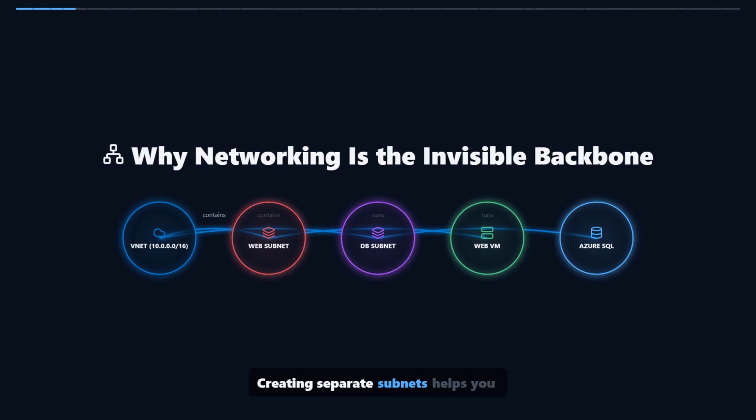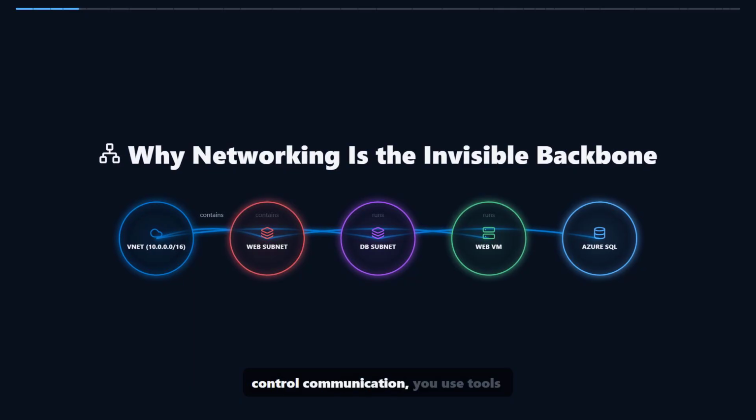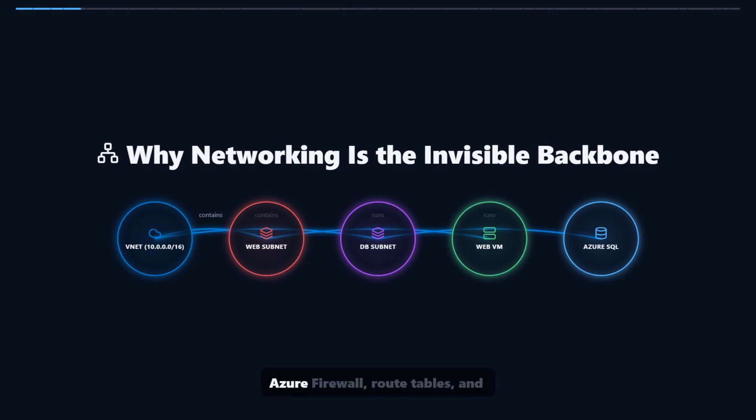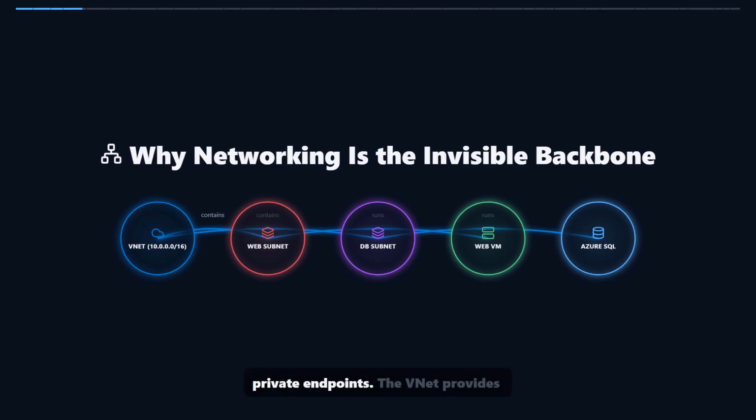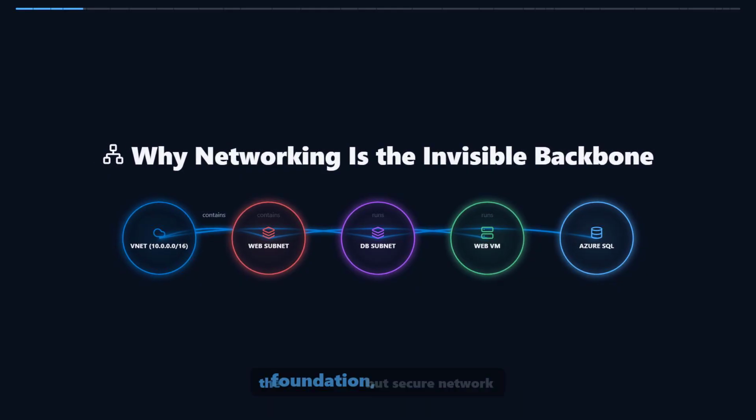Creating separate subnets helps you organize workloads, but it does not automatically isolate them. To control communication, you use tools such as network security groups, Azure Firewall, route tables, and private endpoints. The VNet provides the foundation, but secure network design depends on the rules and services you build around it.